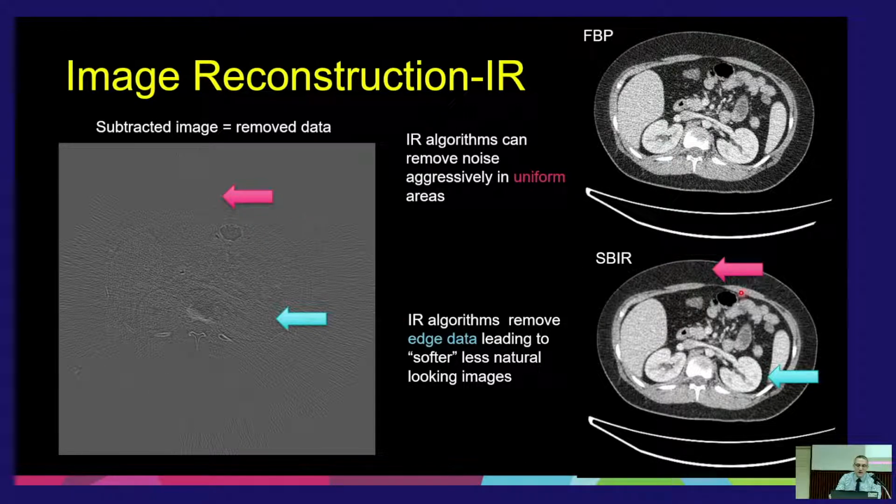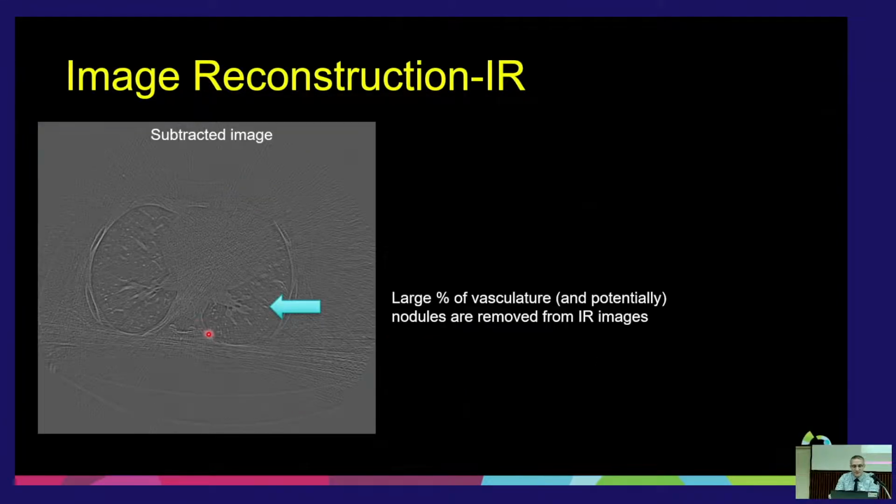But now if you compare little areas like right here, this red arrow, it actually works very well. You can see the amount of noise it actually removed here in this subcutaneous fat. It's generally uniform, and so this algorithm was really good at removing that. But then you look at this blue structure here, looking at the side edge of the kidney and the spleen, it actually took part of that away.